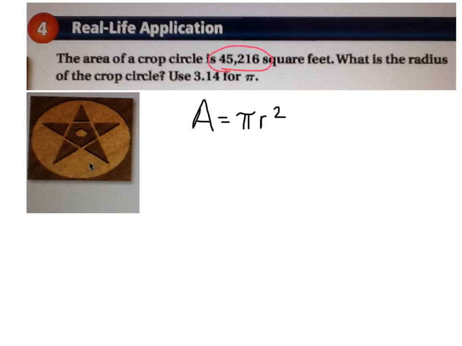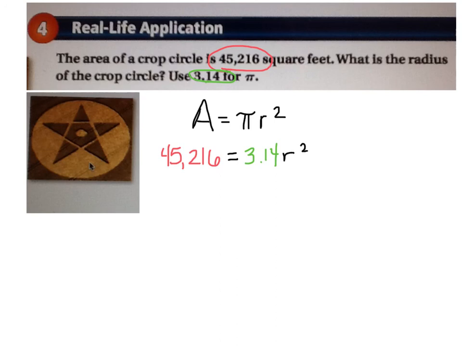The area is 45,216. So we're going to plug that in right here. 45,216 equals, now we know pi. Pi is 3.14. And the radius we do not know, so it's going to be radius squared.